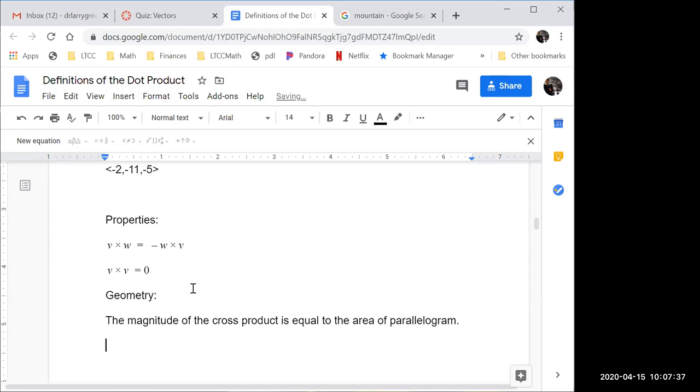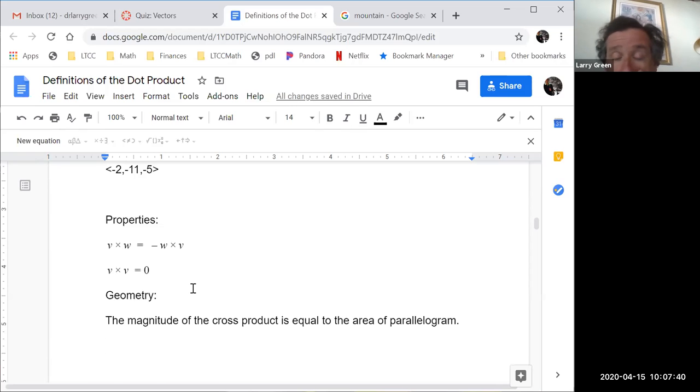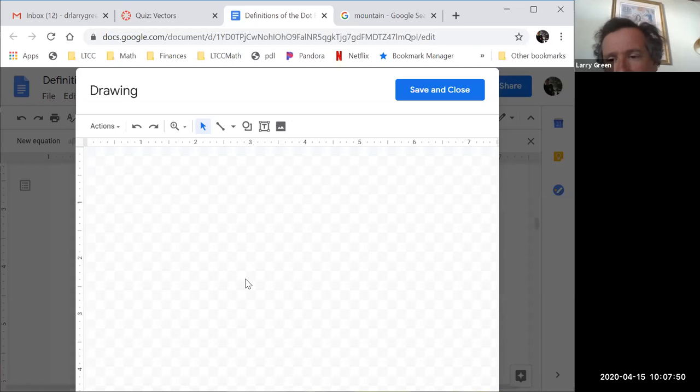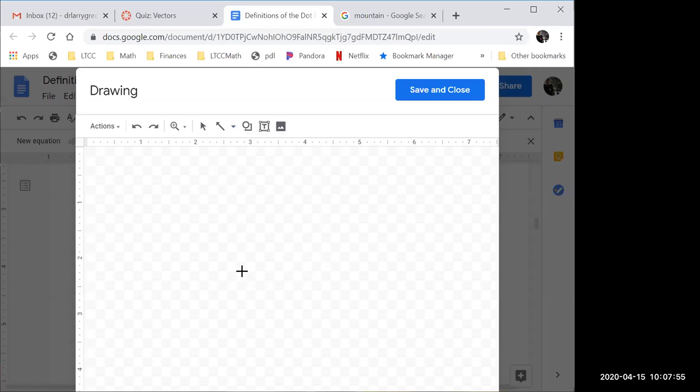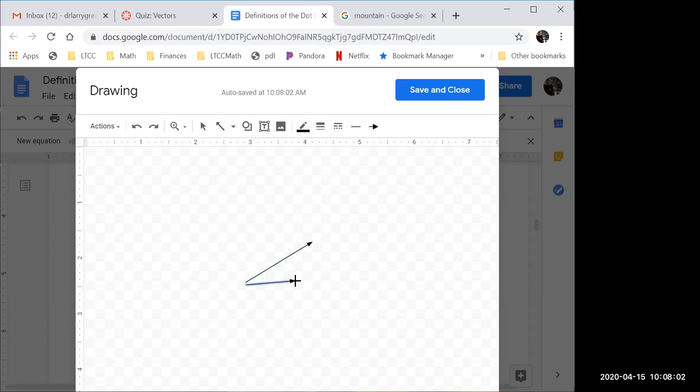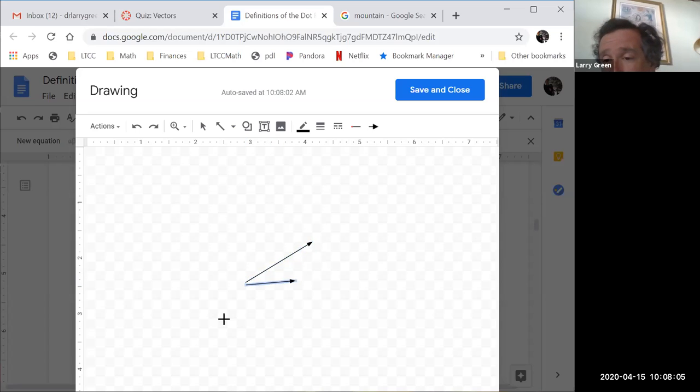When I say parallelogram, what do I mean? Come on, someone. So here's a V, and maybe here's a W. How do I get a parallelogram out of this? Yeah, tip to tail.